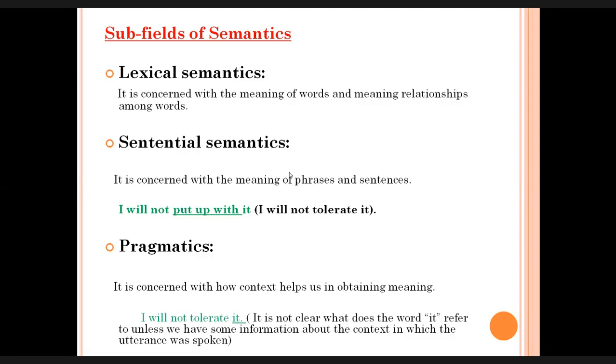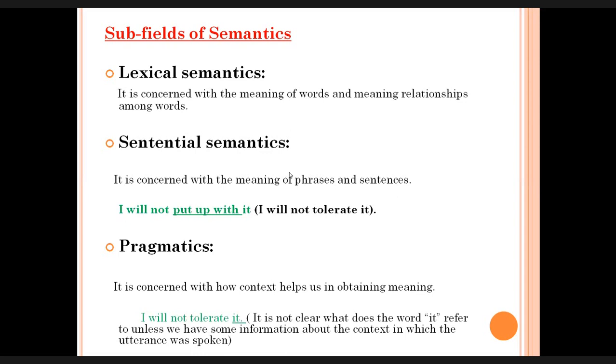Another area in semantics is pragmatics. And nowadays, it has become very important, and this field is studied independently. Pragmatics is now studied completely separately from semantics. So what is pragmatics?